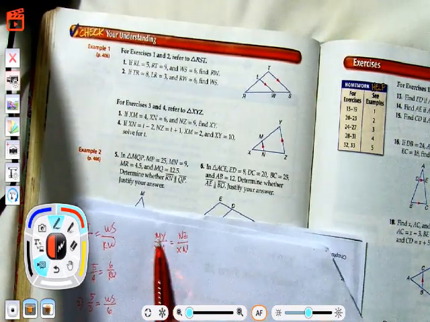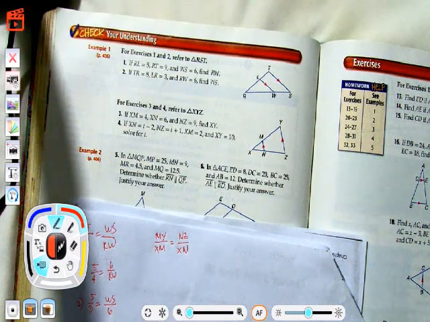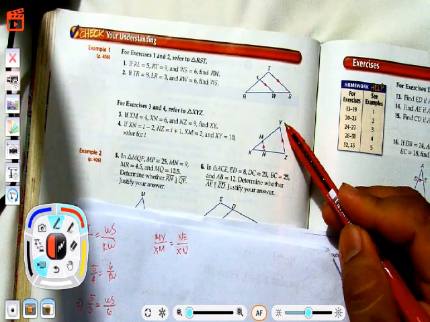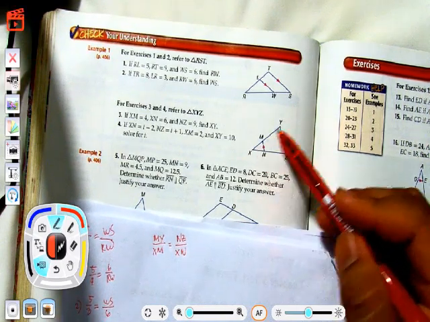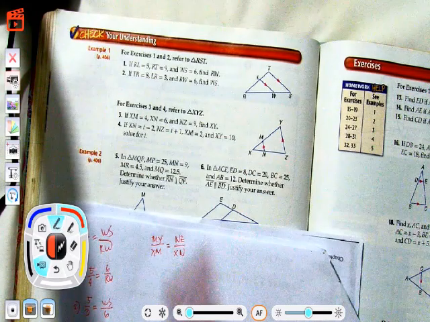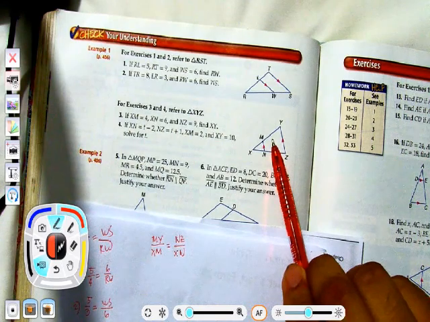So don't force XY to be part of your solution. Okay, how do you find XY? XY is XM plus MY. That means you need to find these two. Find these two so that you can find XY. So do we have XM? There is. Do you have MY? We don't have. So that's the one that we need to solve first.